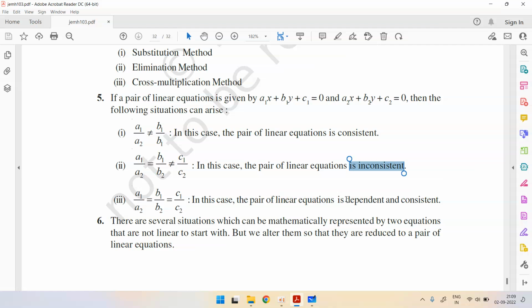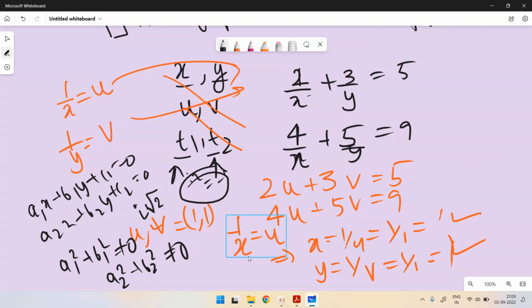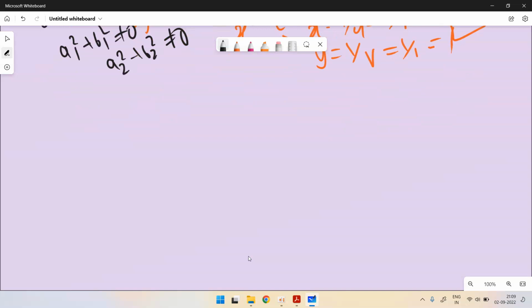Now, why is this called dependent and consistent? For this, let's suppose I am taking 2x plus 3y equal to 5. This is my basic equation. The second is 4x plus 6y equal to 10.